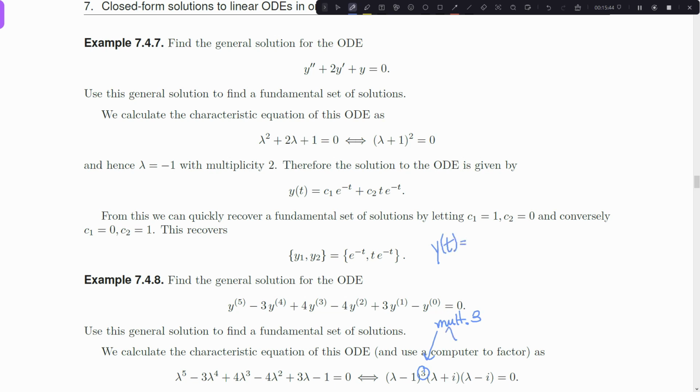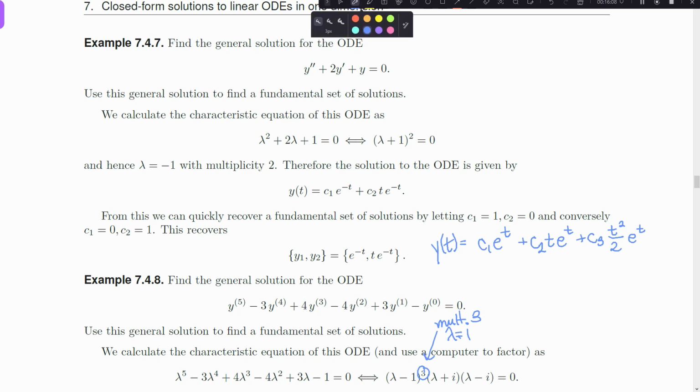This is lambda equals 1. Multiplicity 3 on lambda equals 1 says C1 e to the 1 times t plus C2, I step up in powers of t, t e to the 1 times t, plus C3, I step up in powers of t, t squared over 2, e to the t. And that is my multiplicity 3 solution.